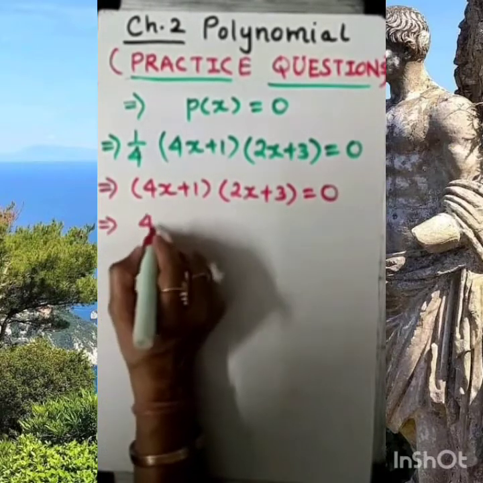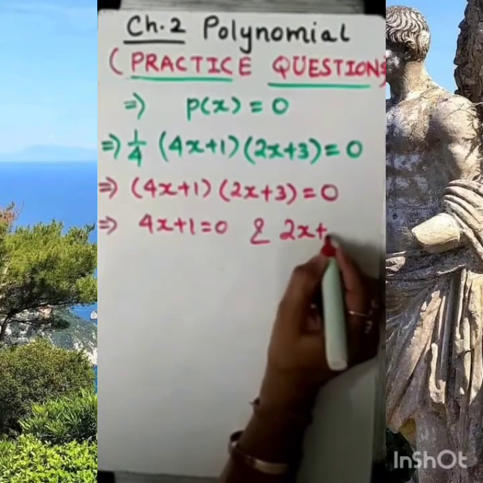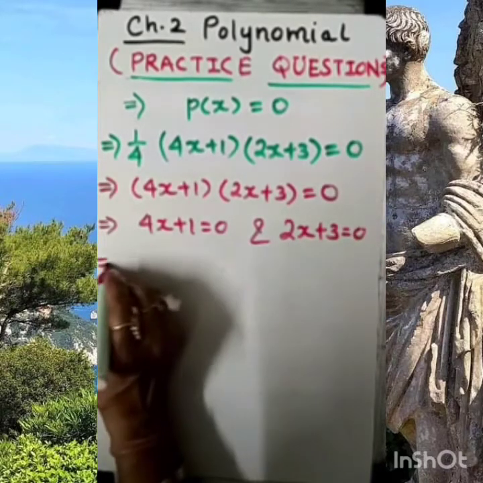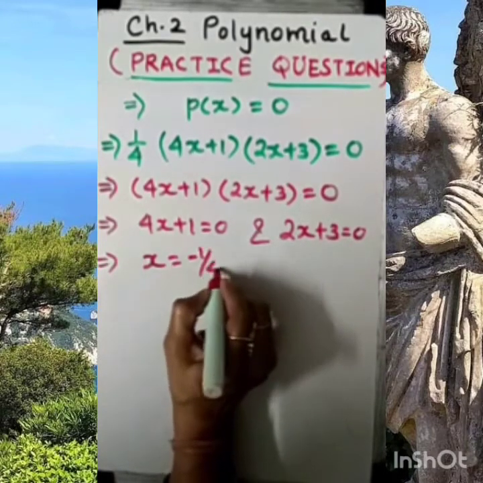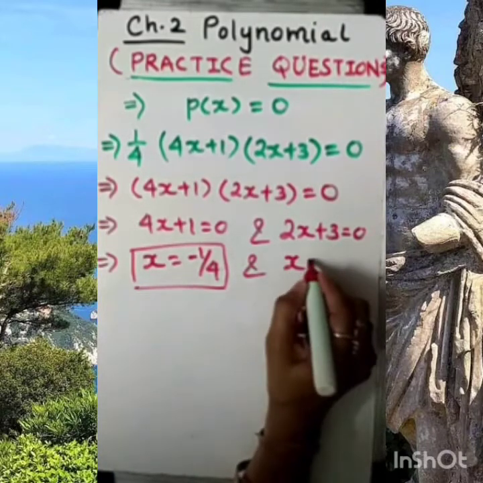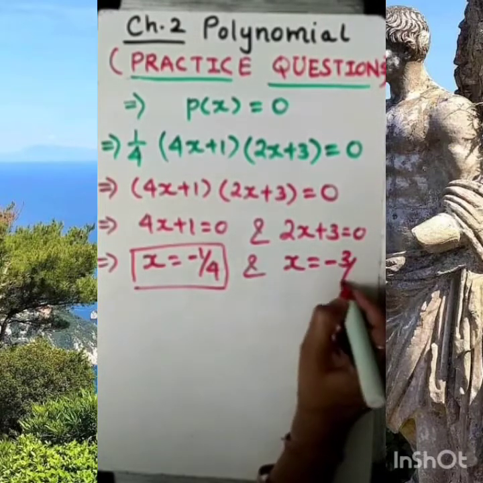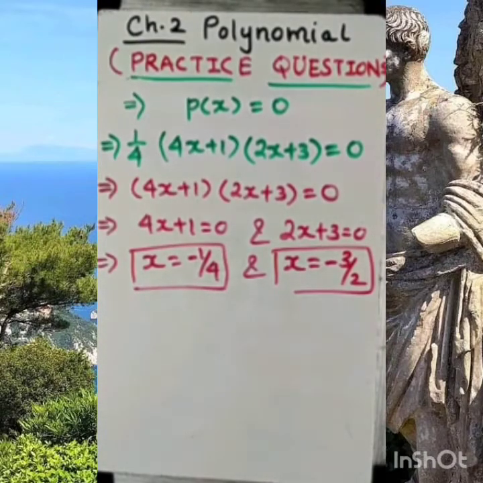Therefore, 4x plus 1 equals 0 and 2x plus 3 equals 0. So here x will be minus 1 by 4, since plus 1 goes to the other side as minus 1 and we divide by 4. Another value from this we get is minus 3 by 2, as this plus 3 goes to the other side and becomes minus 3 by 2.